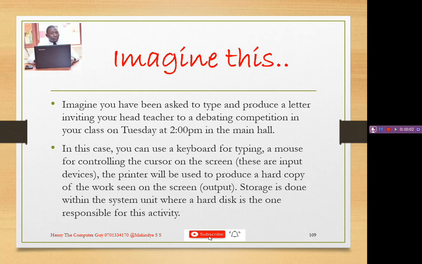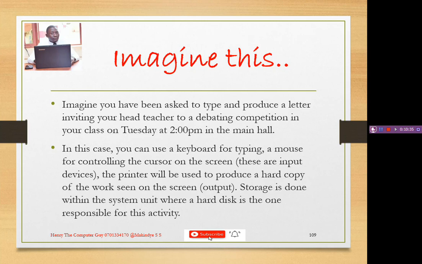Storage is done within the system unit, where a hard disk is the one responsible for this activity. Inside the system unit, we have a device that helps us to keep our data, and that is the hard disk. If it is temporary, then it goes to what we call the random access memory. RAM in the computer keeps information for a short period of time. It's like a working area of a computer.